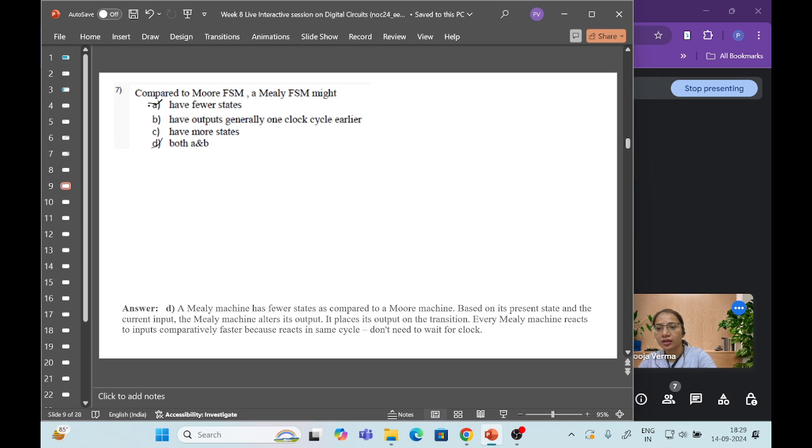A Mealy machine has fewer states than a Moore FSM, and output generally one clock cycle earlier.